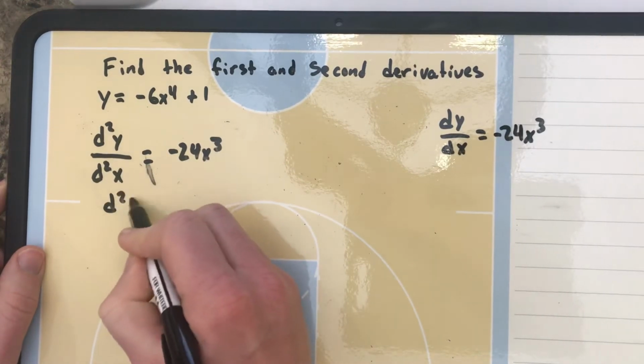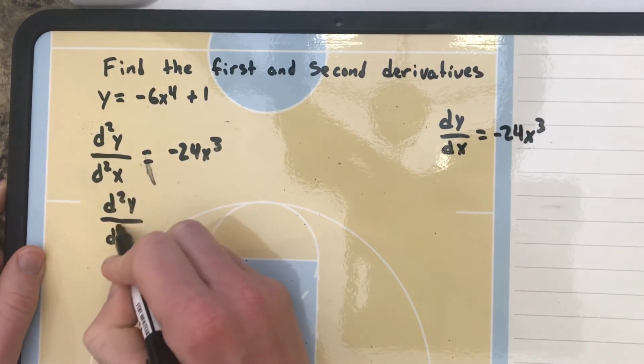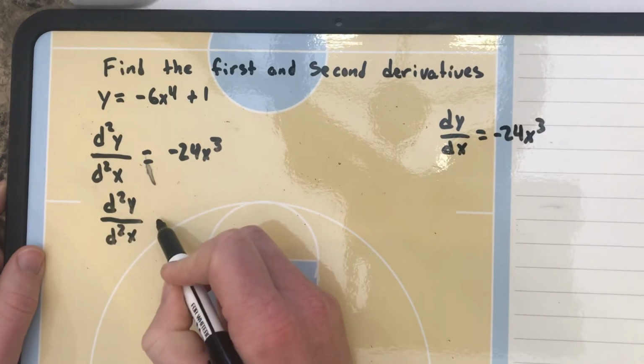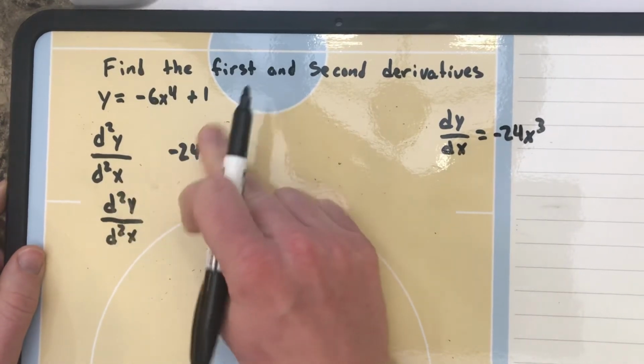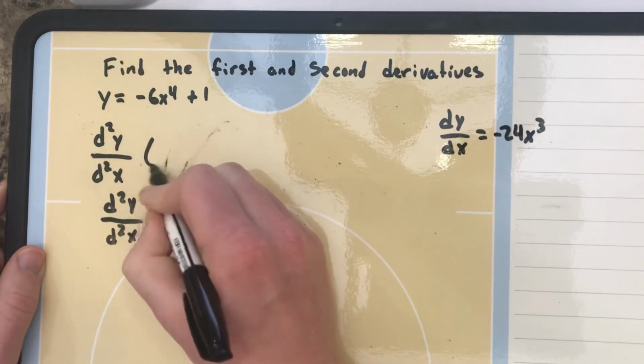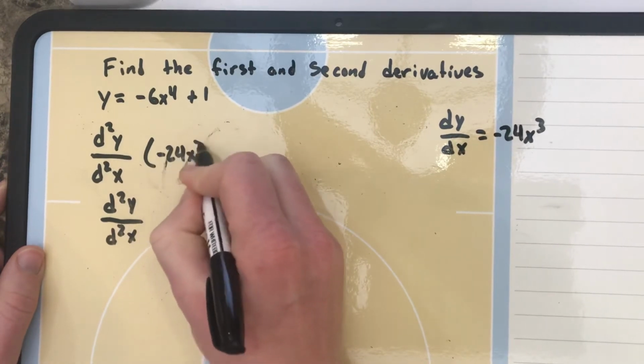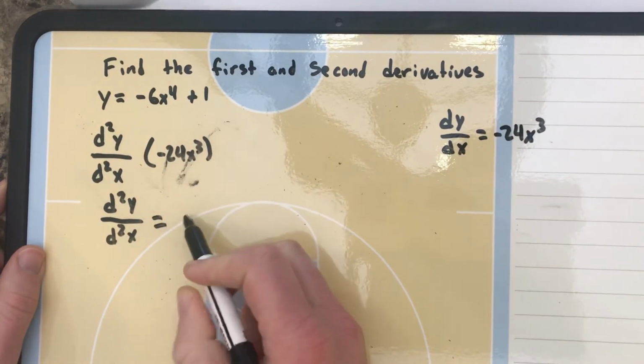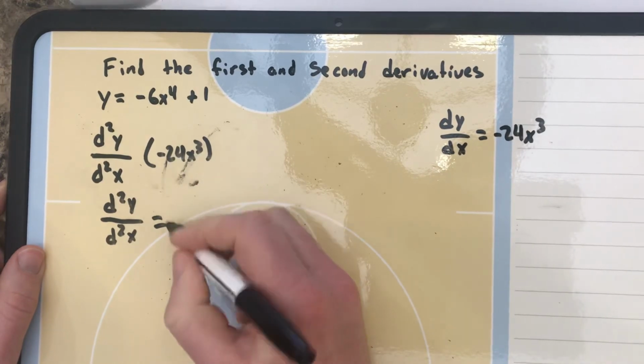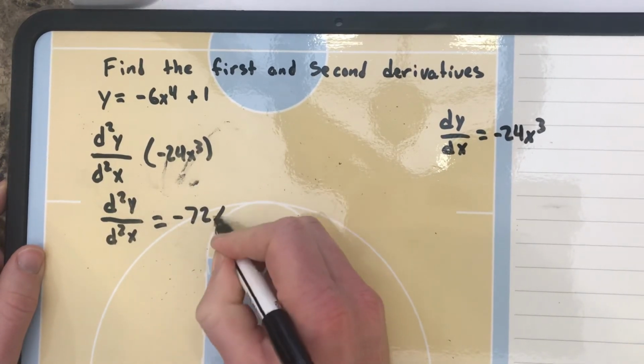We end up with, bring the 3 out front, negative 72x squared.